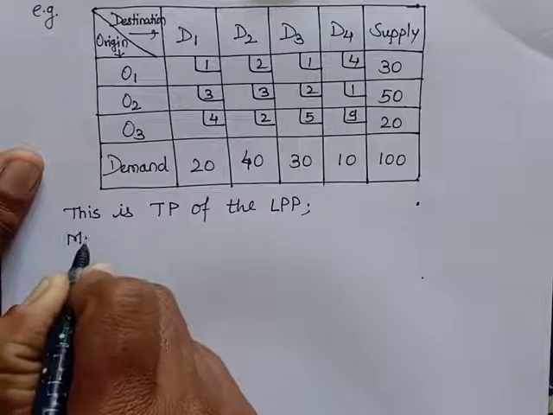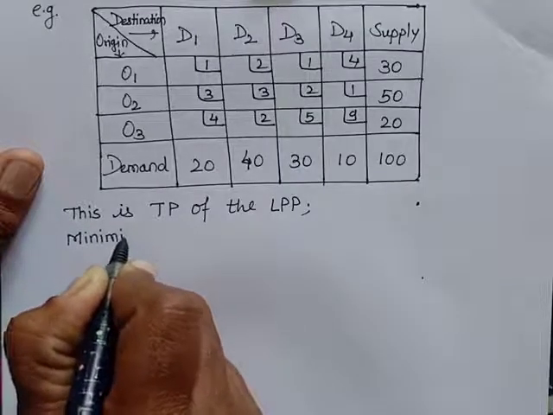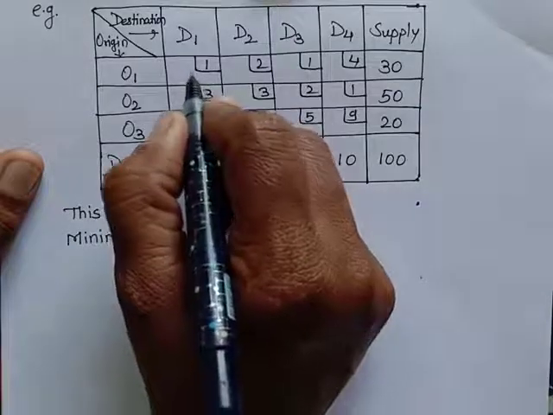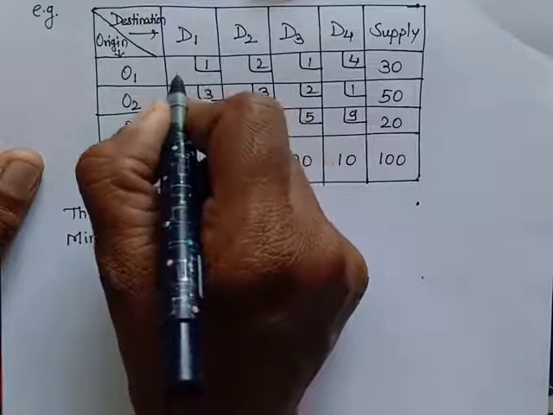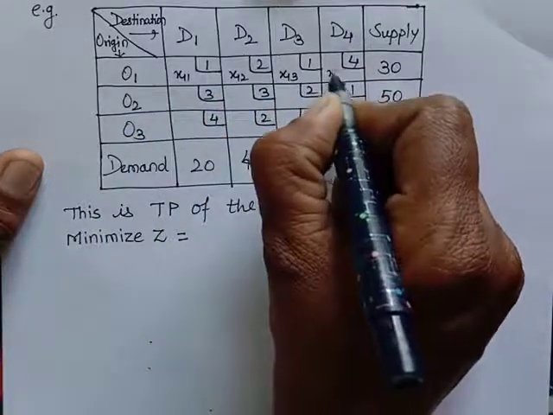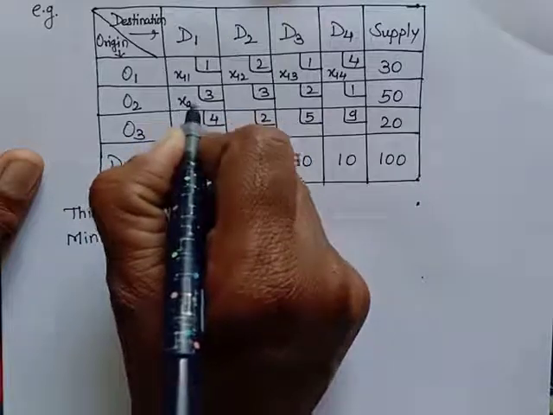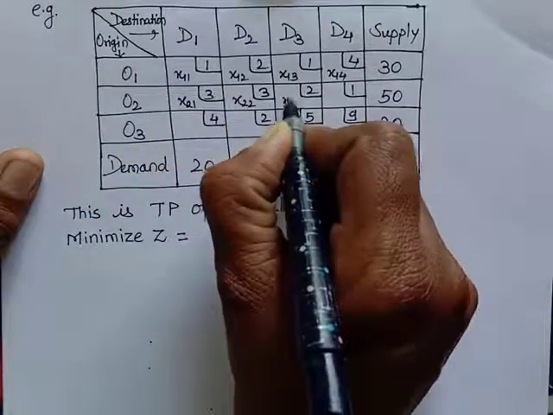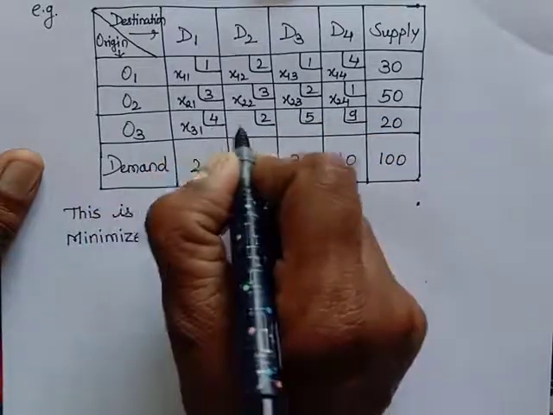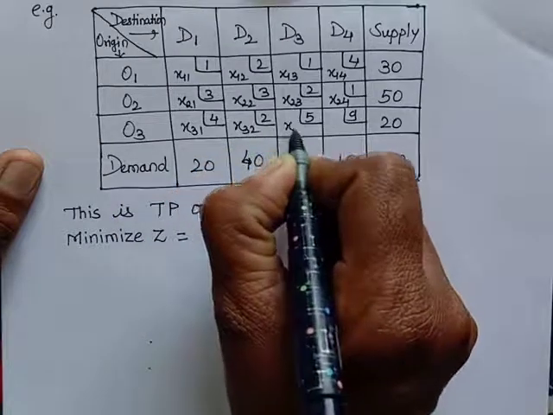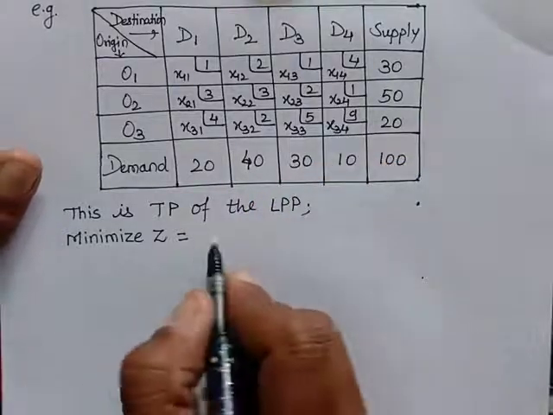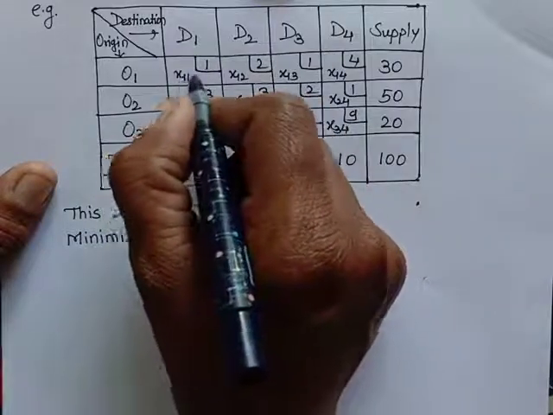So what can we write? Minimize z equal to, what is here? Here the variables are x11, x12, x13 and x14, x21, x22, x23 and x24, x31, x32, x33 and x34. So minimize z. What was z? This product we have to take.